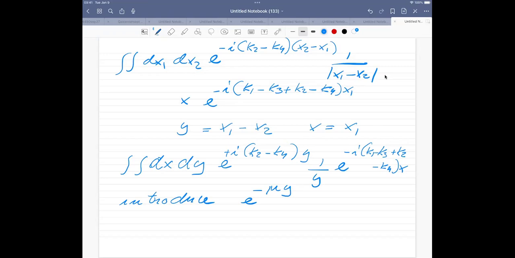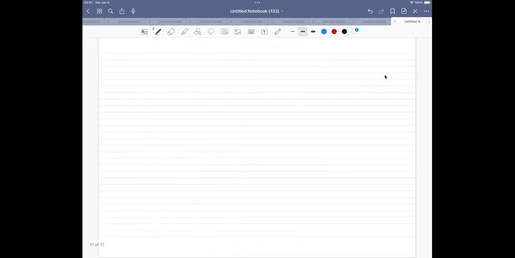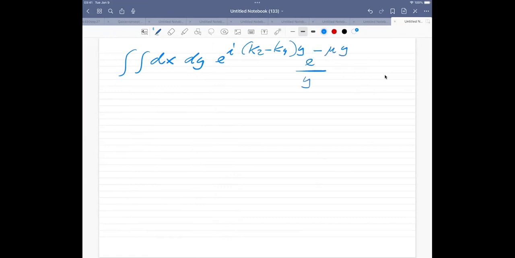So when you look at this integral, when we introduce this convergence factor, what we are going to have is an integral dx and dy. And then I have e^{i(k2 - k4)y} times e^{-μy} divided by y, multiplied with e^{-i(k1 - k3 + k2 - k4)x}.